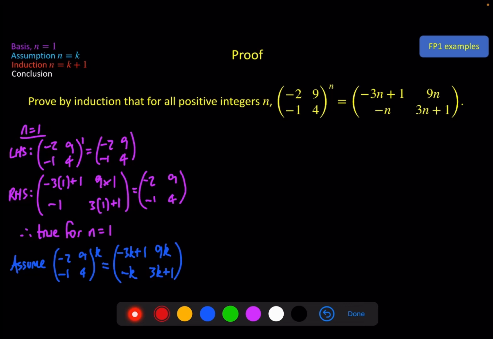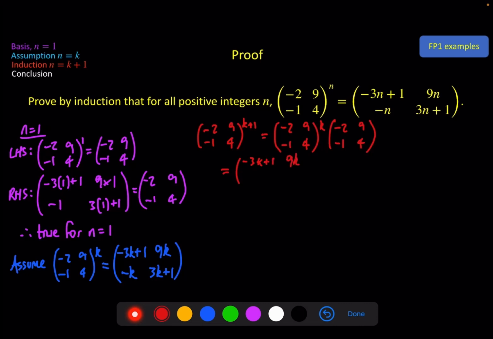Then, same as the previous example, we do this matrix to the power of k plus 1 and split the index, so we have minus 2, 9, minus 1, 4 to the power of k, times by minus 2, 9, minus 1, 4. Replace that first matrix with our assumption, minus 3k plus 1, 9k, minus k, and 3k plus 1. Multiply it by this matrix here, and simplify.